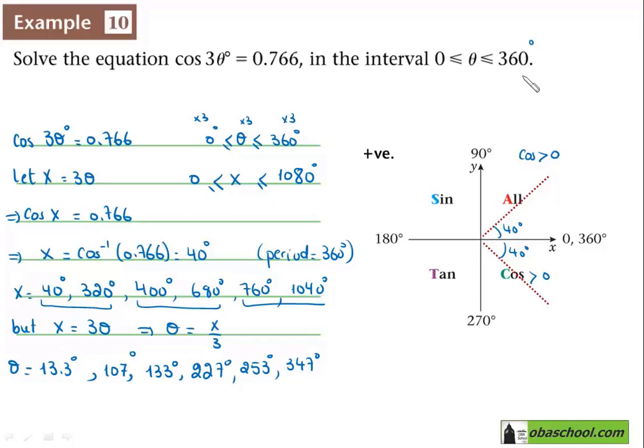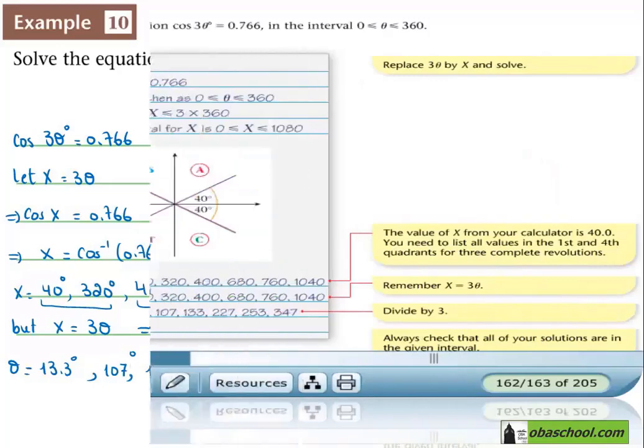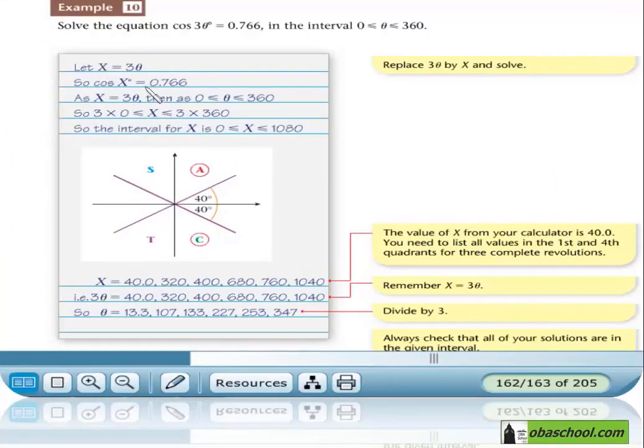You need to pay attention that we did the additions of the multiples of 360 degrees. Look at the book. Let x equal 3 theta, then we replace 3 theta by x and we solve. Before solving, we change the interval of x. The value of x from your calculator is 40.